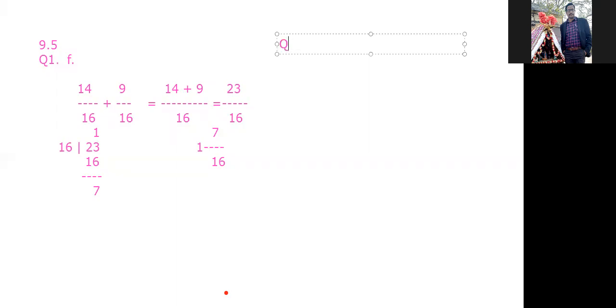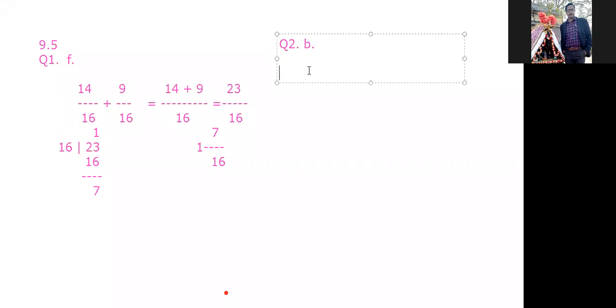So we are going for question 2, and we'll go for a part of it. Let's see the part. Part B. Now this is very interesting. We have to find out the result, which is a numerator, and that numerator is missing.